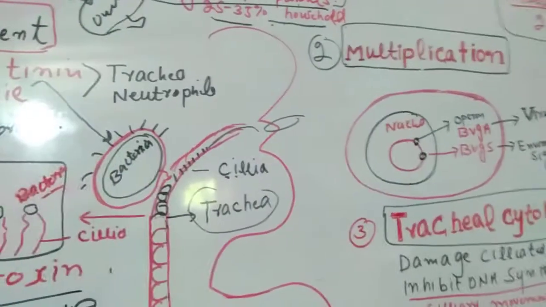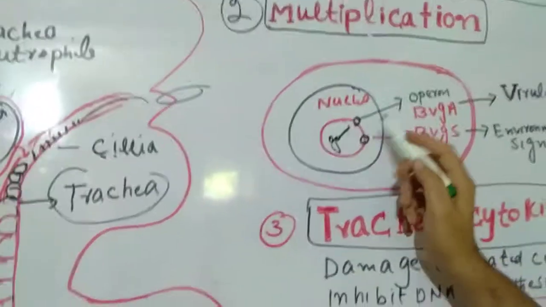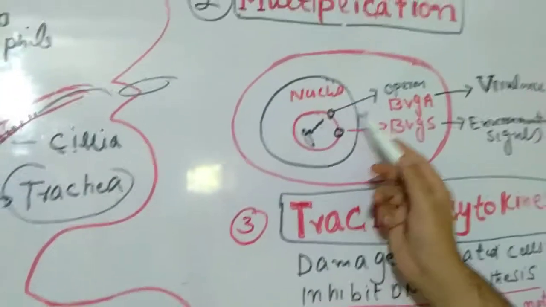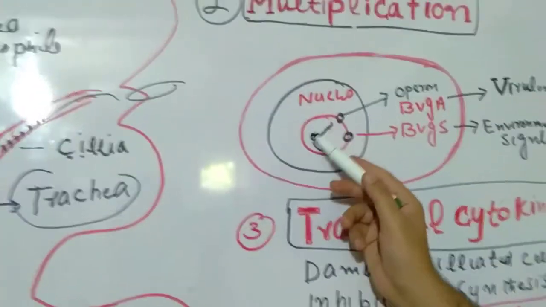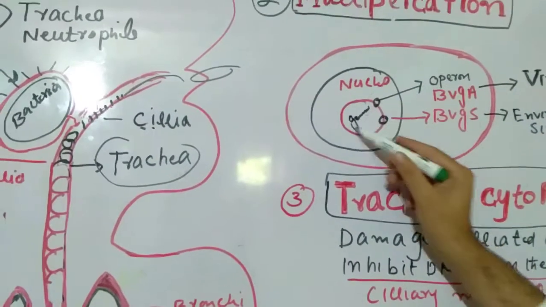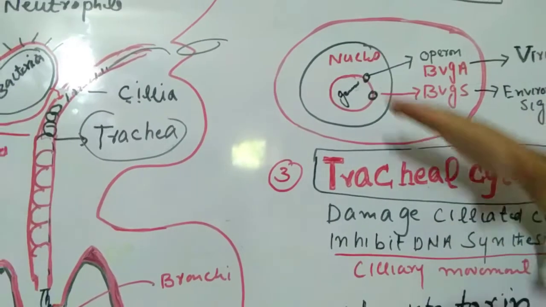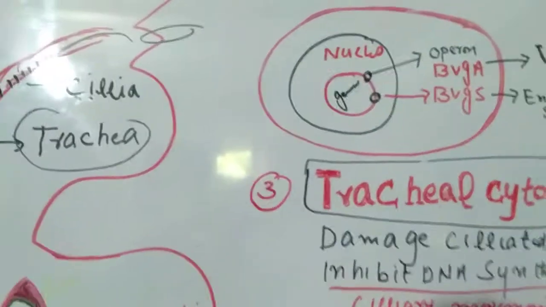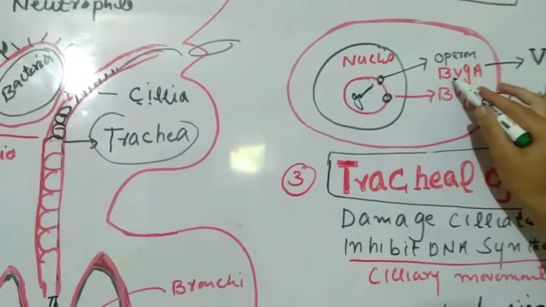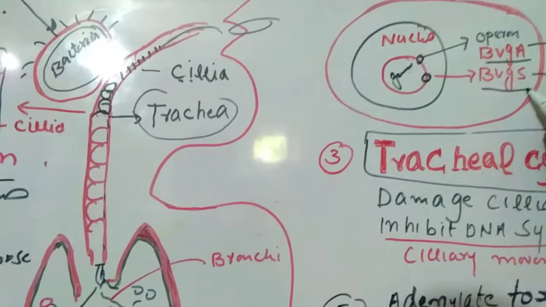If we talk about the genome of the bacteria, Bordetella pertussis has a single circular chromosome, and on this chromosome an operon is present. This operon controls a cluster of genes. One gene is called the BvgA gene, and the other is called the BvgS gene.